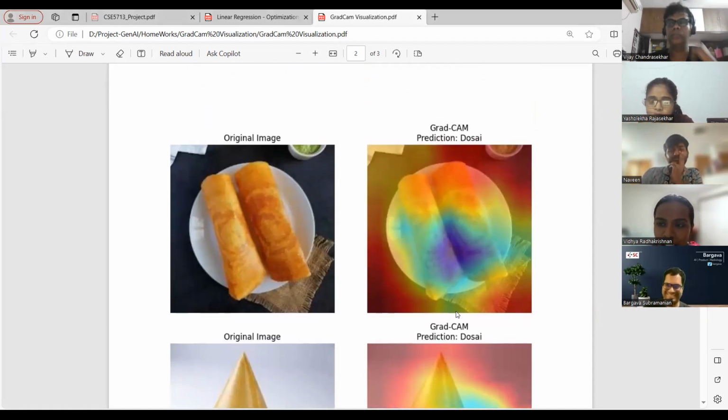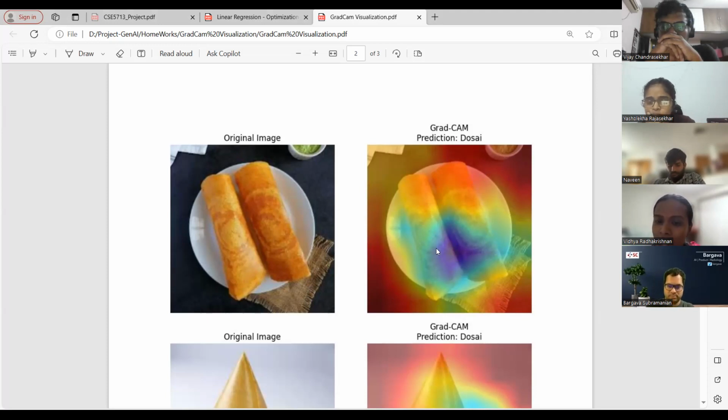But what I understand from this is, you see the blue spot over here, you can see blue, yellow, orange, and red. As Navin said, the blue spots have been given a high weightage for predicting this image as the category Dosai, and the red spots have been given very little weightage.